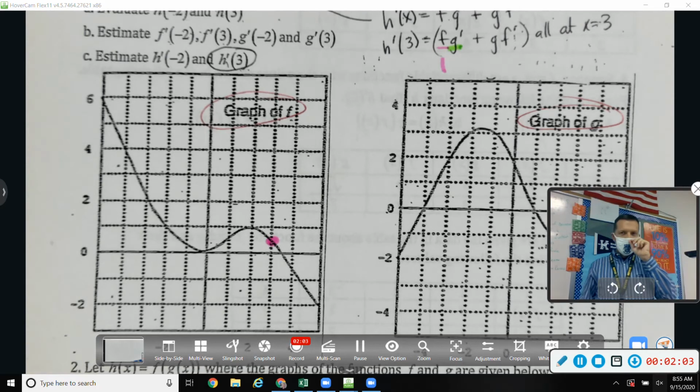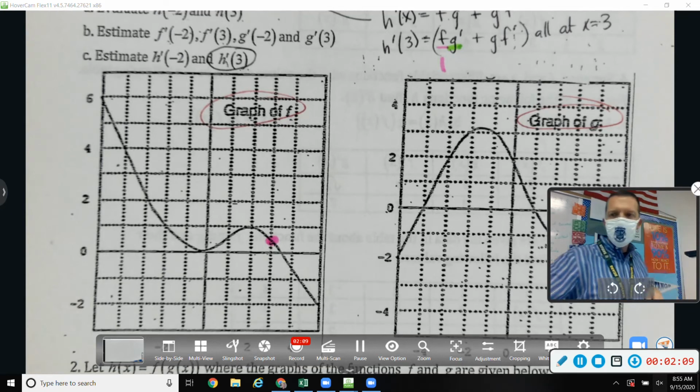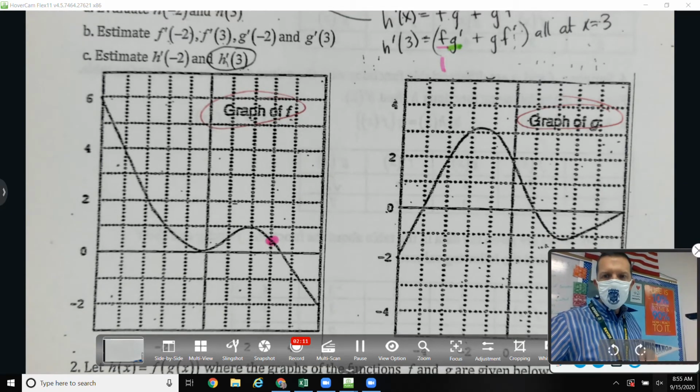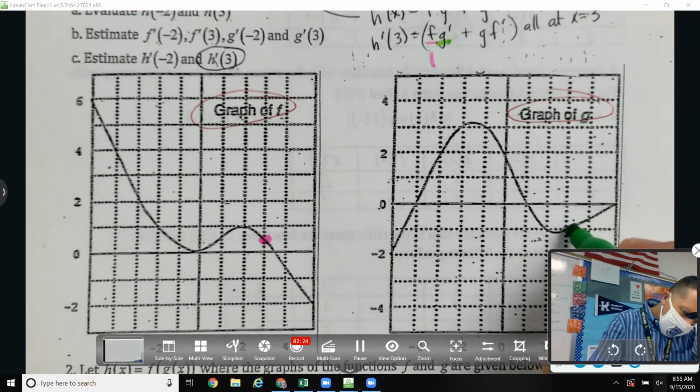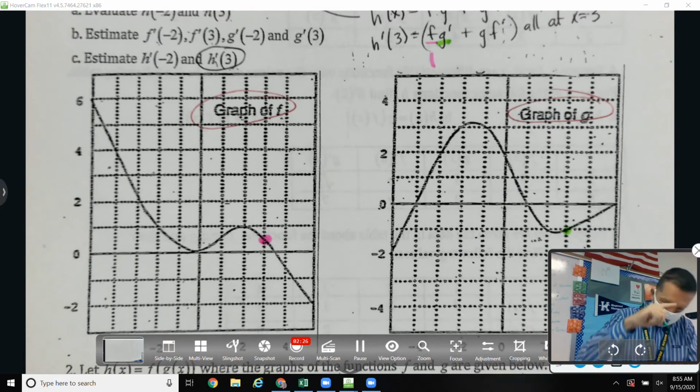All right, next I need g prime at 3. Well, how am I going to get g prime if I'm looking at a graph of g? What's prime mean? Slope. So I want the slope of g at 3. So there's g of 3, but I want the slope right there.